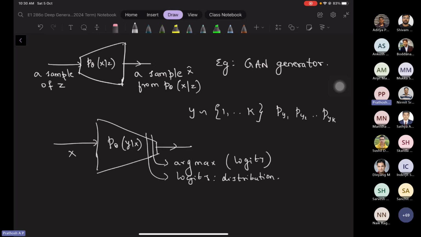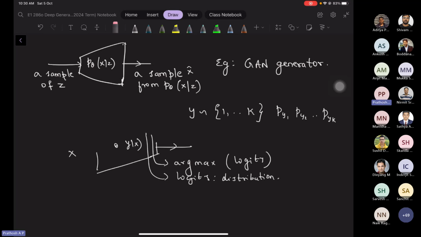If you take the softmax output, it sums to one and is all non-negative, so it's an entire distribution. You can interpret that as parameters. If you take the softmax and then take the argmax over all possible values, it becomes a sample of this discrete distribution.